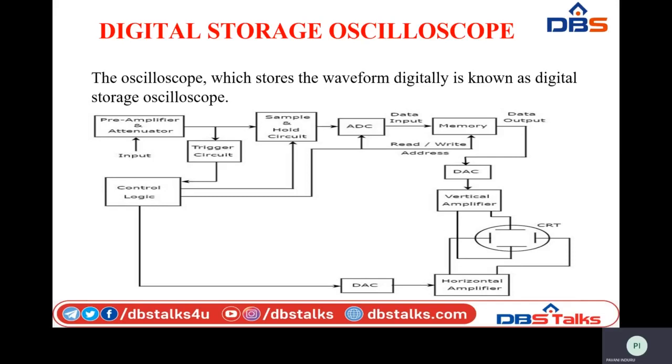Because whenever we need the input signal to be displayed on the screen, it is necessary to convert the digital values again into an analog continuous waveform. That is why after the memory stage we have one digital to analog converter, which converts all the digital signals into a continuous waveform, and then it is amplified with the help of the vertical amplifier.